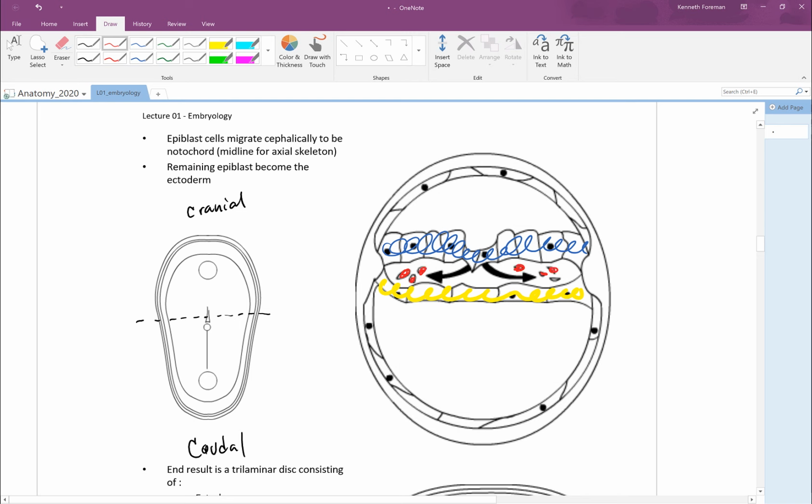Those would be the three layers creating a septum within the football. And one end of the football would be the cranial end and the other end would be the caudal end, meaning tail, meaning head, basically.